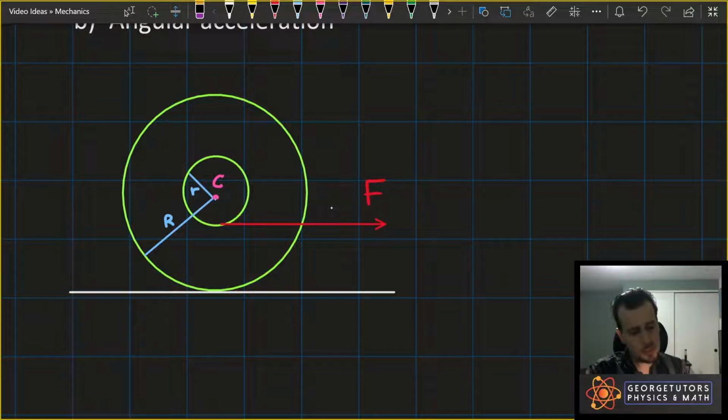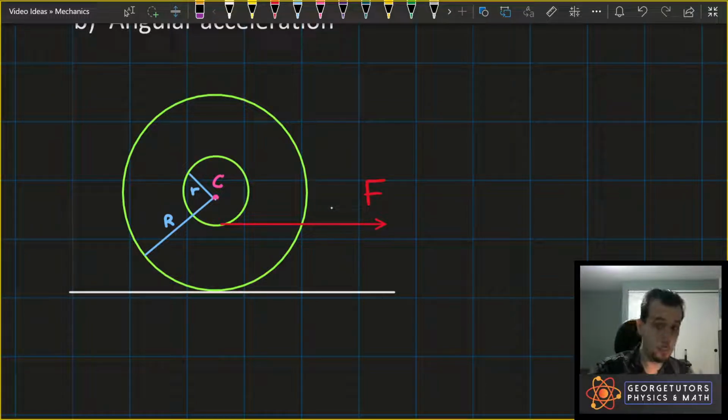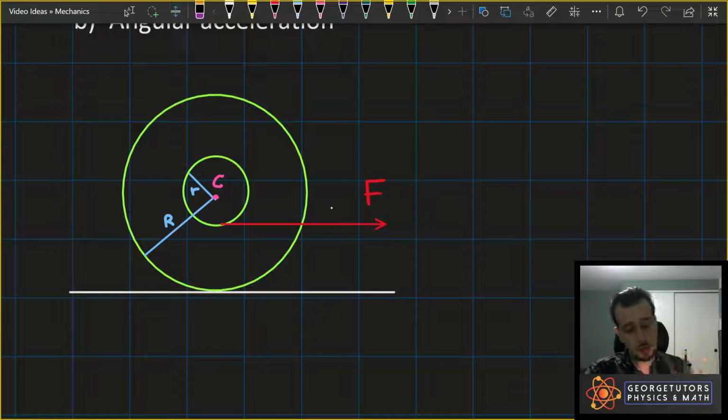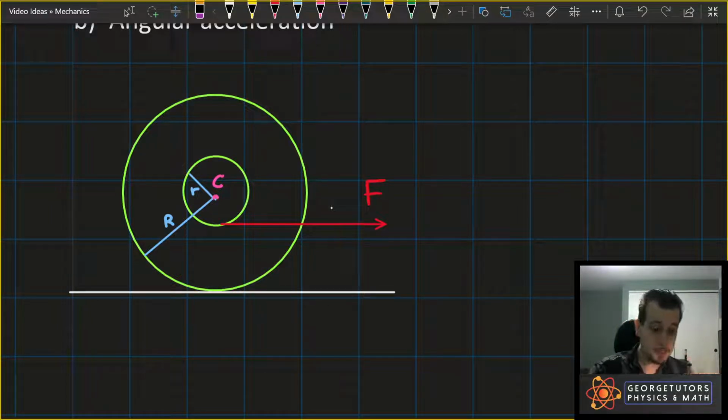So we look at what else is acting on the system. We got the normal, gravity, and F. However, the normal and gravity, we've discussed in the previous video, do not contribute a torque when it comes to rolling at all, at least with respect to the center of mass. If we take the pivot point there, that's what we will always do here. So it's only up to F to cause a torque if friction is absent right now.